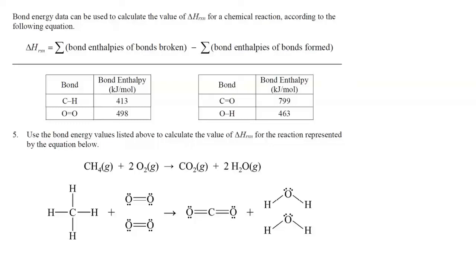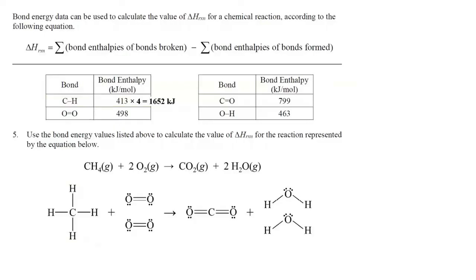So on the left, we have CH4, and a CH single bond has a bond enthalpy of 413 kilojoules per mole. Because we have 4 of them, 4 CH bonds are broken. The math involved is 413 times 4, and I'll just keep track of the calculations as we go.